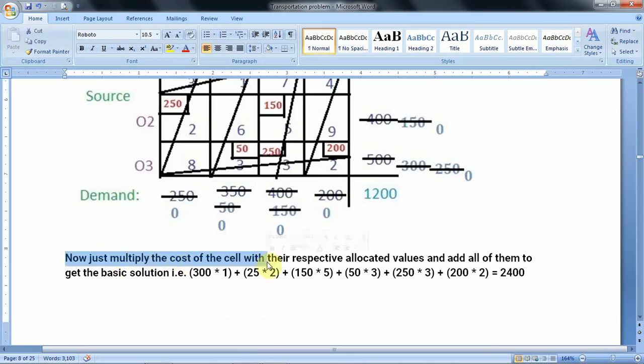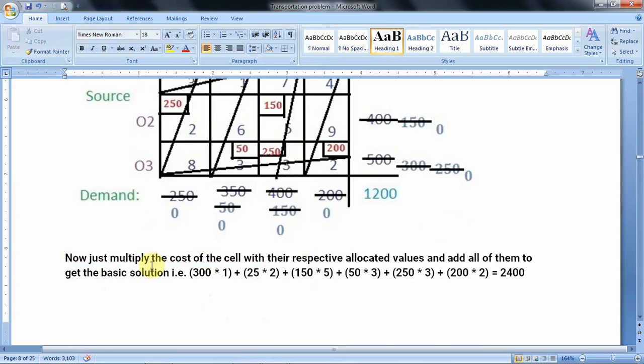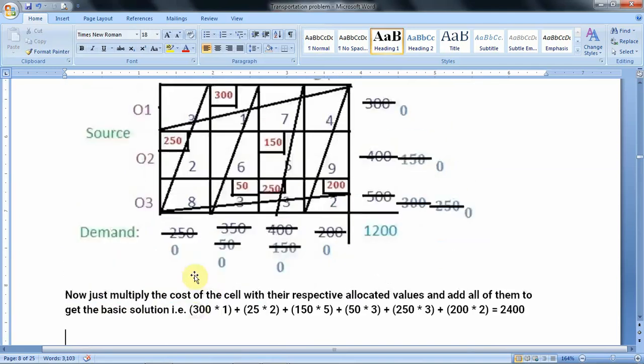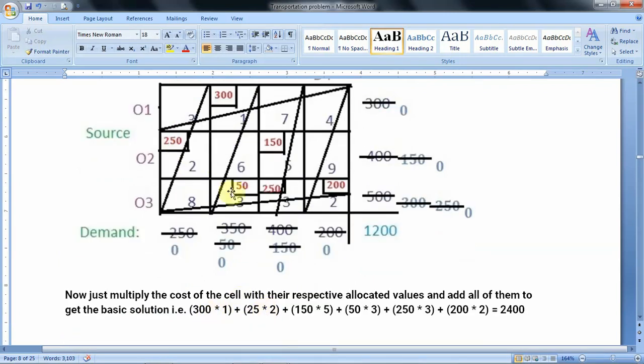So now we can find the IBFS, the total transportation minimum cost by this least cost method. So 300 into 1 plus 250 into 2 plus 150 into 5 plus 250 into 3 plus 200 into 2.